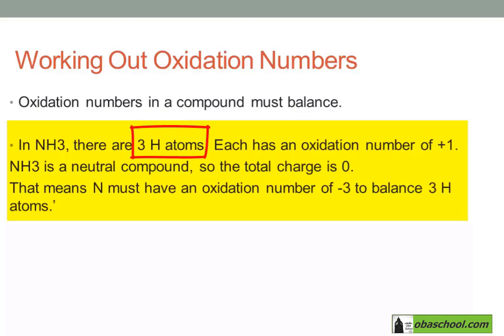Each of these hydrogen atoms has an oxidation number of +1. Some compounds have a total positive charge. Others have a total negative charge, but some, like NH3, are neutral, so their total charge is 0.